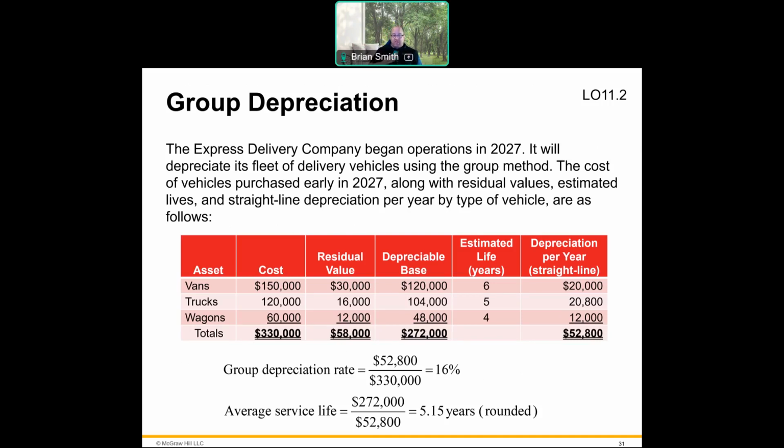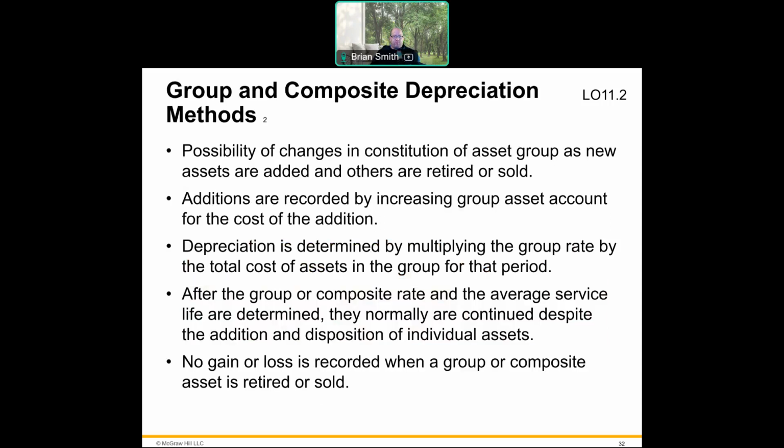Even this is a bit involved, but that's fine. You take what it would be if it were straight line, come up with a rate, and then basically group the assets and depreciate that at 16%. That's the average service life. So if you have a group and all you're doing is depreciating this group and you keep this group together, it wouldn't work if you're adding or subtracting any. That's just my professional opinion.